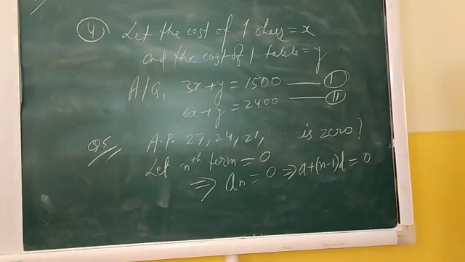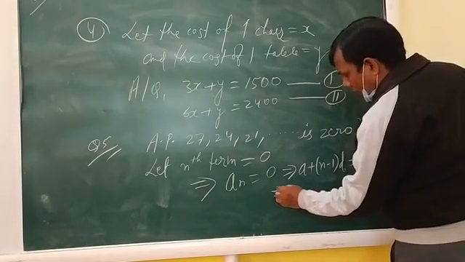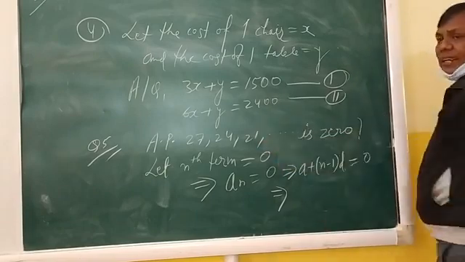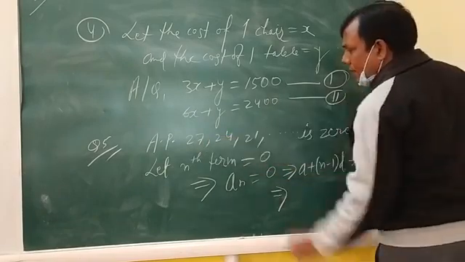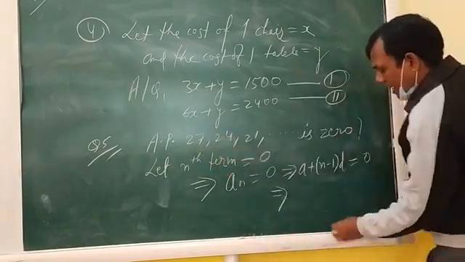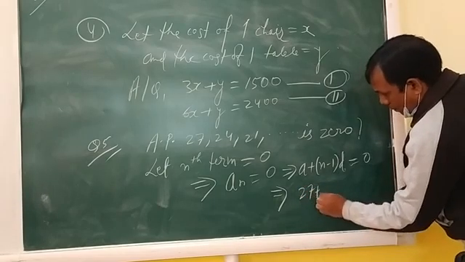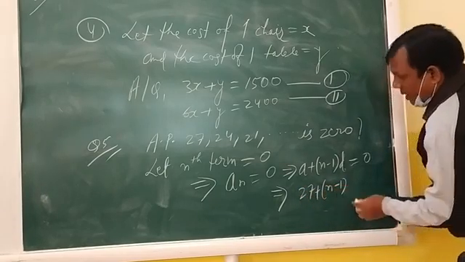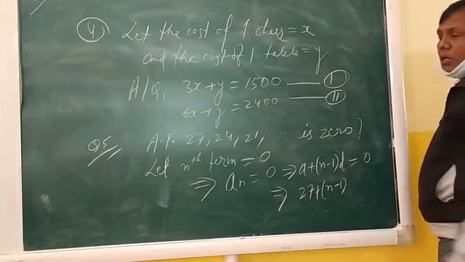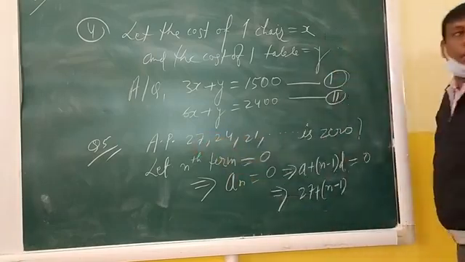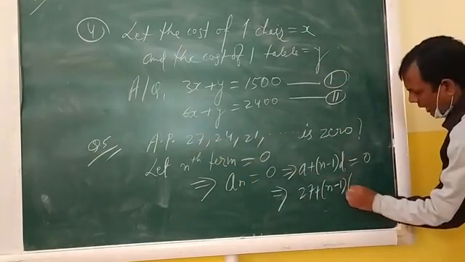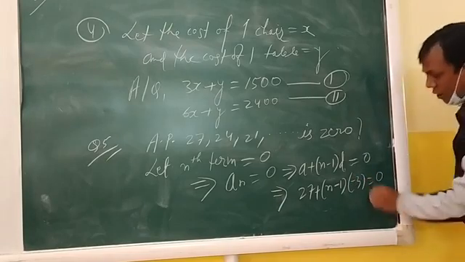Got it? Now you see the question. What is the value of a? The value of a is 27 plus n minus 1. And what is the value of d? 24 minus 27, that is minus 3. So you write minus 3 equal to 0.